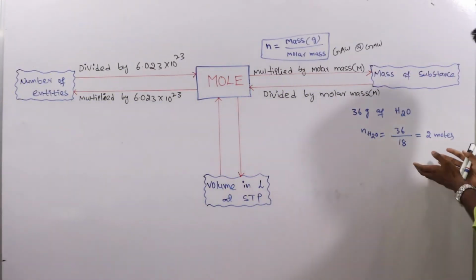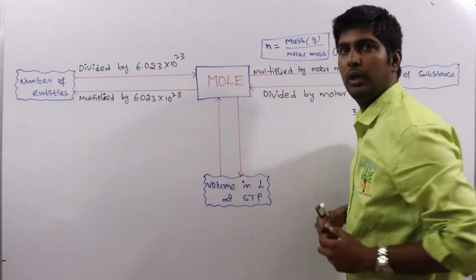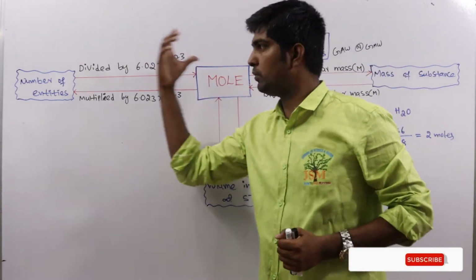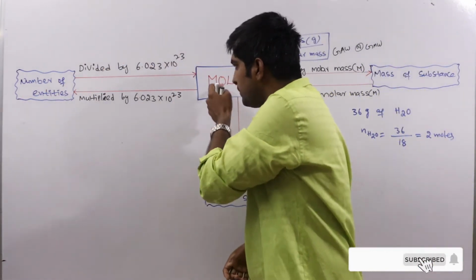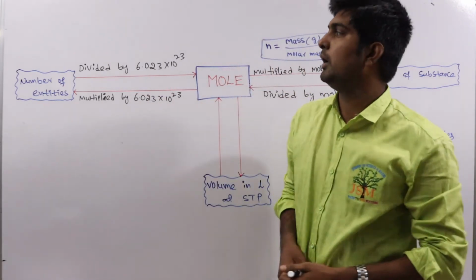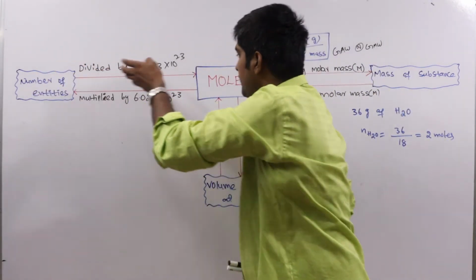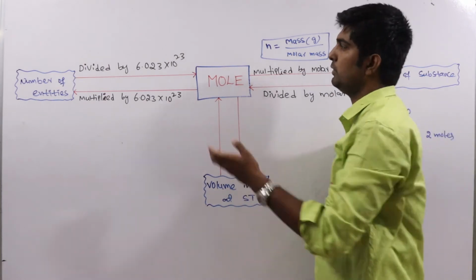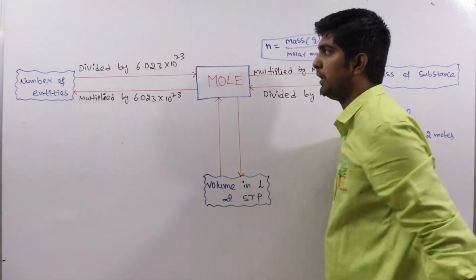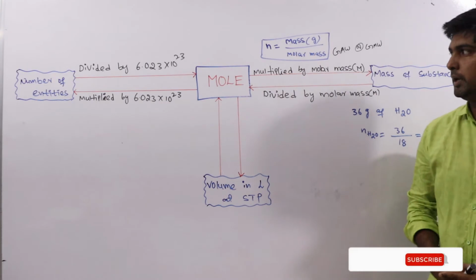Like we did here also, mole to number of entities: moles is multiplied by Avogadro number. Or if they have given the number of entities and asked you to find the number of moles, then it is divided by 6.023 into 10 power 23.